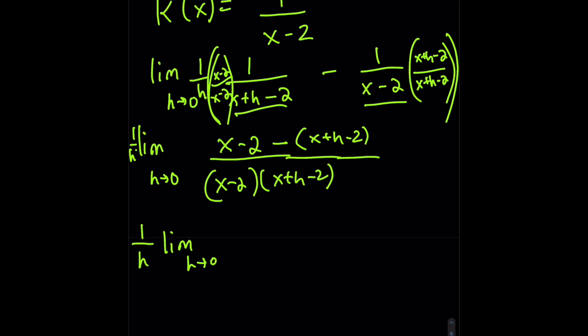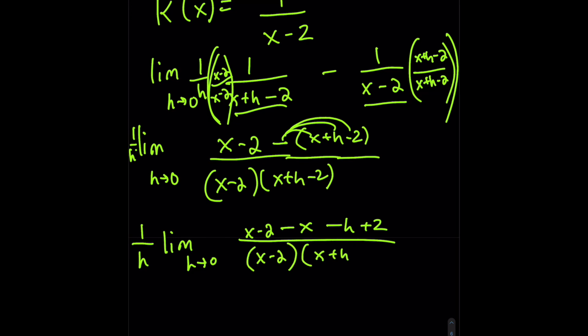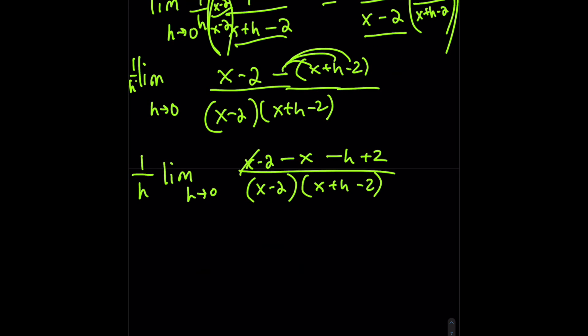We've gotten a common denominator so that we can subtract the numerators in this case. So we have x minus 2, and we'll distribute the minus: minus x minus h plus 2, and we'll leave that denominator without distributing, and we'll just leave it as is. Now, notice all the non-h terms cancel out. x and negative x, those are additive inverses. They make nothing. Negative 2 and positive 2. Goodbye. Ooh, so this is actually really nice.